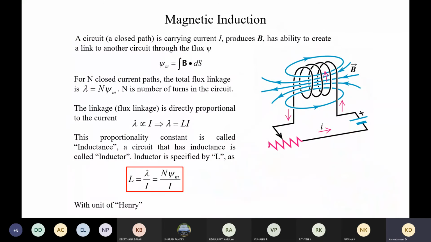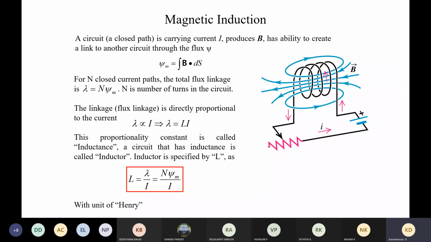Now we will complete the last part, that is magnetic induction. We already know what is meant by induction: it is nothing but adding up or raising up a particular structure by including more things. In the case of magnetic induction, it is by connecting magnetic fields in a proper way.